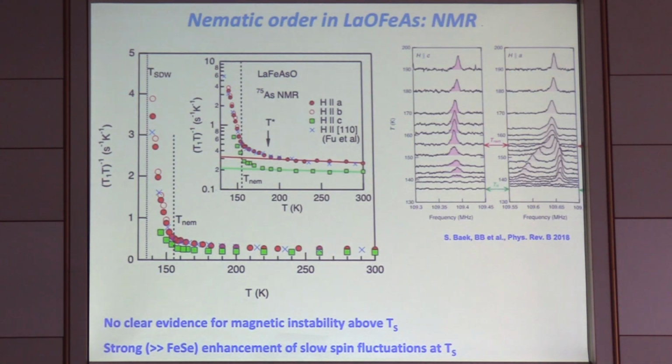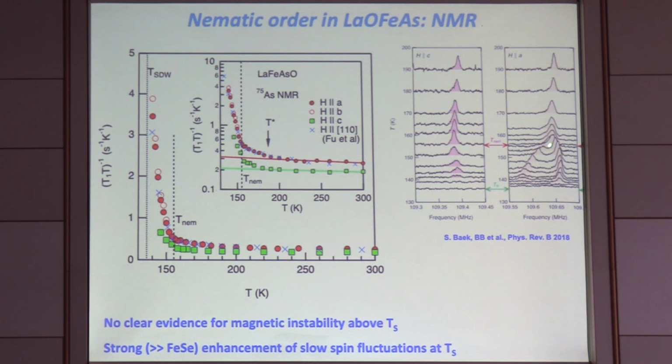The NMR is already a little bit different from what you find in barium 122. Plotted here is the relaxation rate as a function of temperature. At high temperature, there's hardly any temperature dependence. But then you have the structural phase transition, which you can directly detect in NMR. So there's a local probe for the structural phase transition. You see these two domains where the field orientation is parallel or perpendicular to the domains.